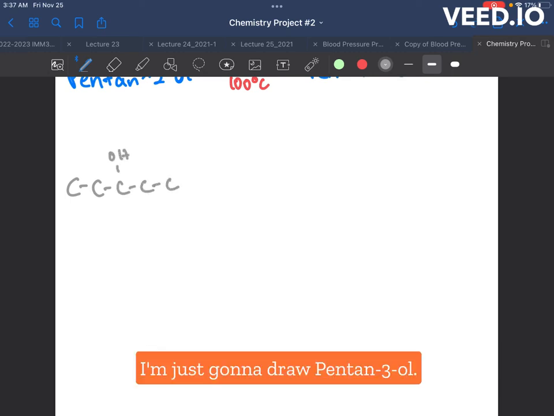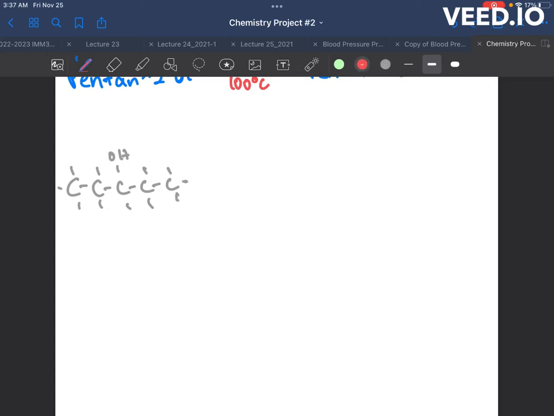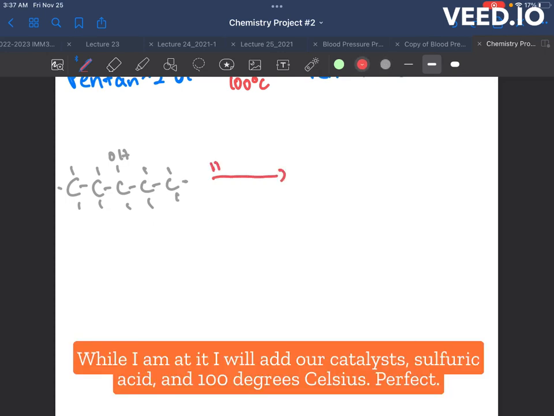I'm just going to draw pentan-3-ol. I put the alcohol on the third carbon, and I've surrounded it with insignificant hydrogens. While I'm at it, I'll add our catalysts, sulfuric acid at 100 degrees Celsius. Perfect.